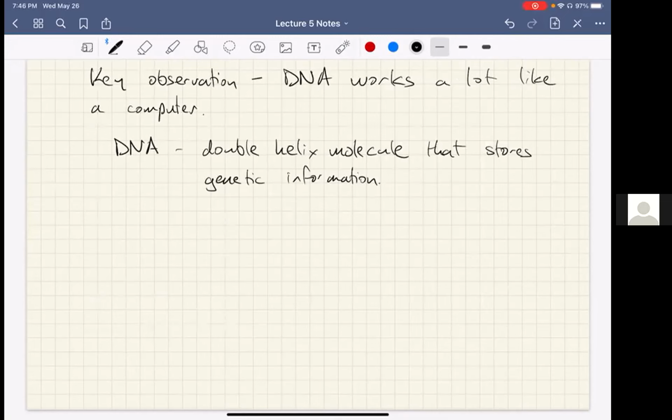It's storing your genetic sequence, and that genetic sequence is what actually creates the proteins that carry out all of the functions that keep you alive. It's a 4-ary storage medium.